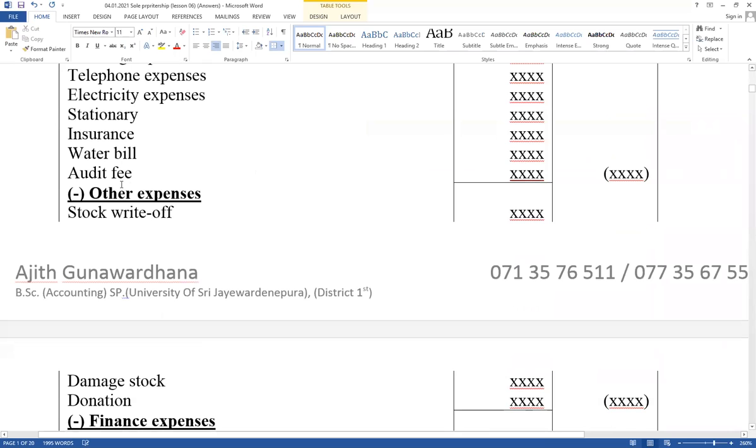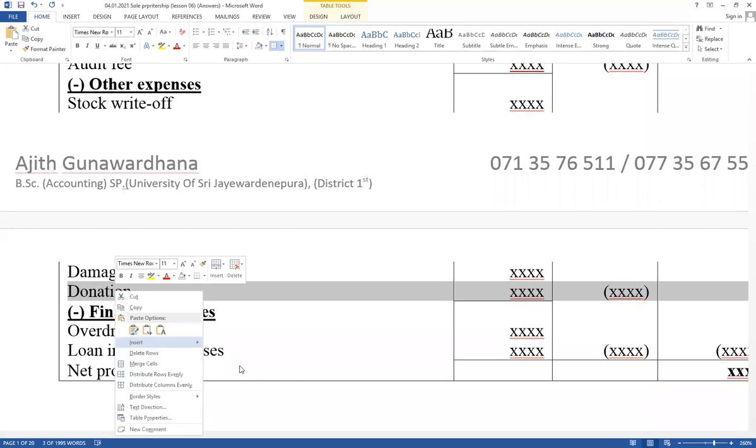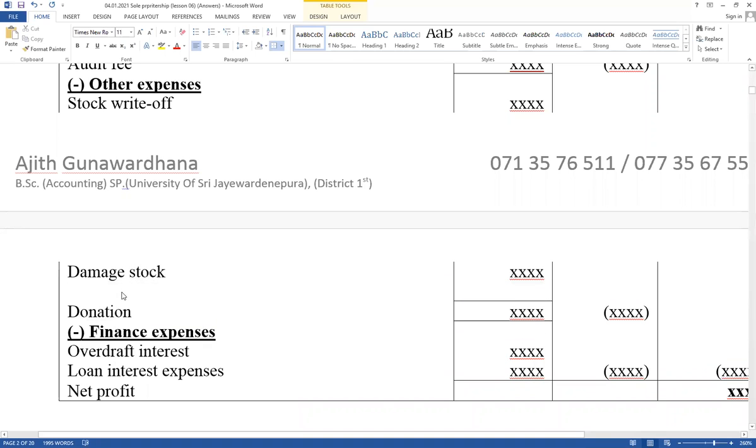Then under other expense, stock written off, if available, should be included here, and damaged stock, as well as donation. Sometimes it is given as disposal loss. If it is given as disposal loss of property, plant, and equipment, it also should be included under other expense.